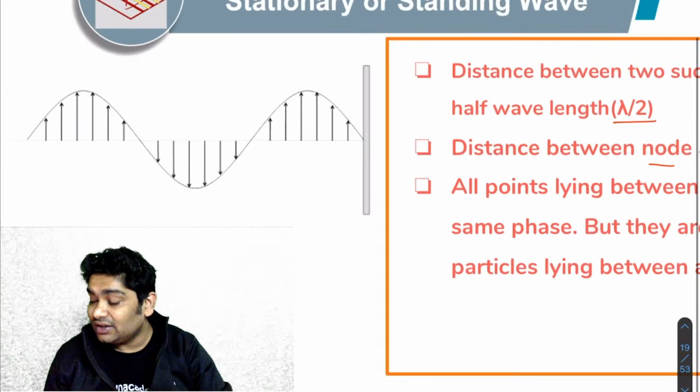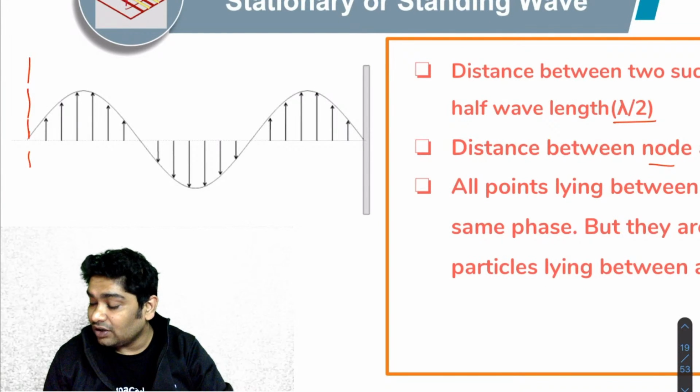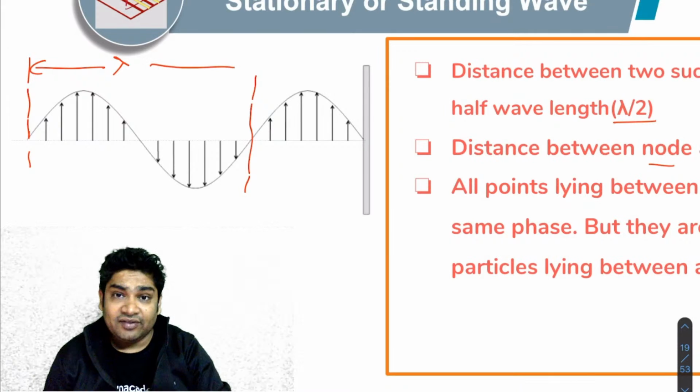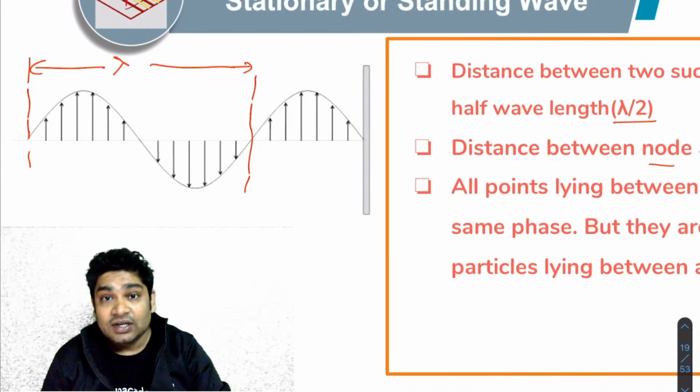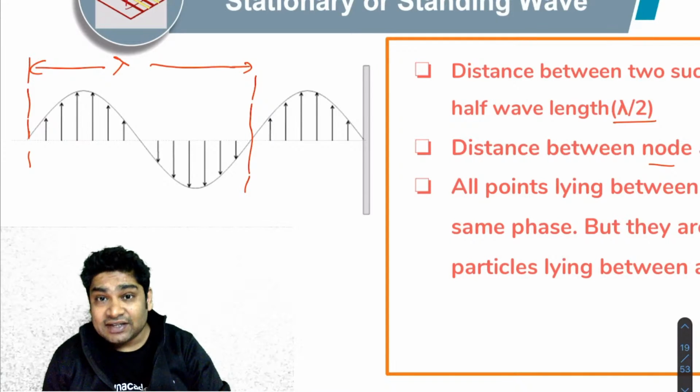So you can see this characterizes a complete wavelength. This distance is lambda, which will be the wavelength of either of these superimposing waves. Since these are two equal waves, they have the same lambda, same frequency.